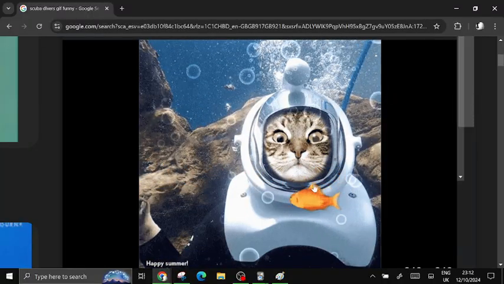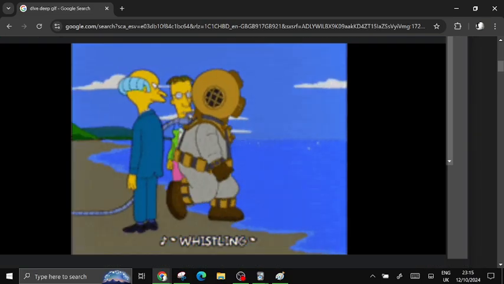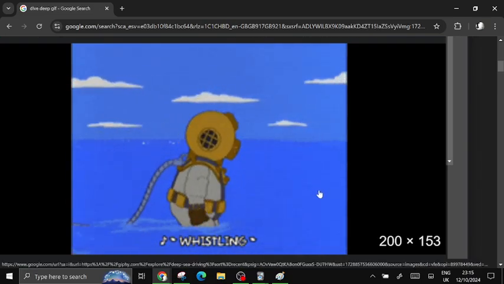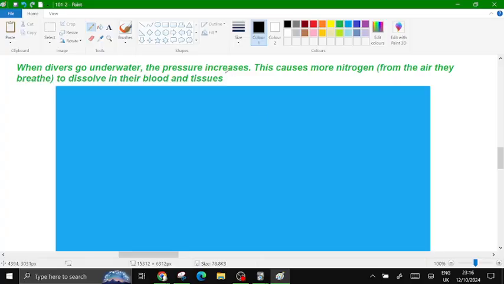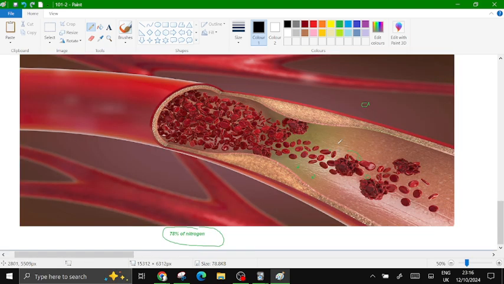So what happens with the scuba divers? When the divers go under the water, when they dive deep, the pressure will increase. So the more they go down, the more pressure they will have. Now this increased pressure will cause these small nitrogen gases in the blood to dissolve in the blood and tissues.